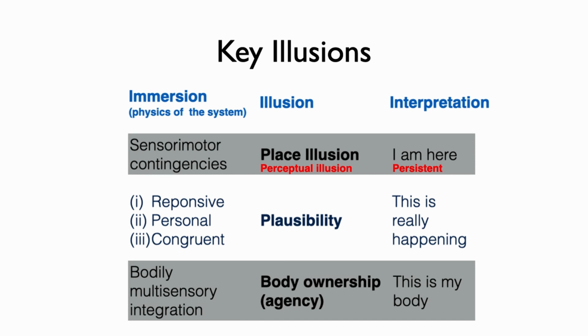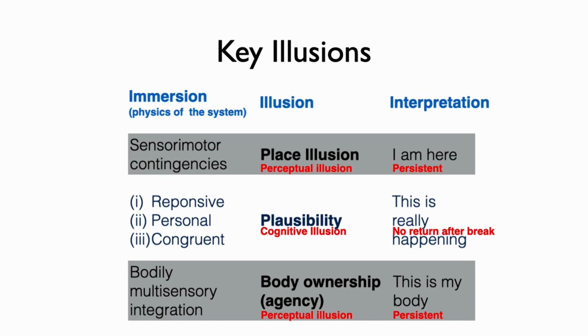The first illusion, the place illusion, is a perceptual illusion, and it's persistent. It's persistent in the sense that if it breaks for some reason, then it reforms again after a while. Plausibility is more of a cognitive illusion. If that illusion breaks, it doesn't reform again. Basically, you lose interest in what's happening. The third one is mainly a perceptual illusion. This again is persistent.